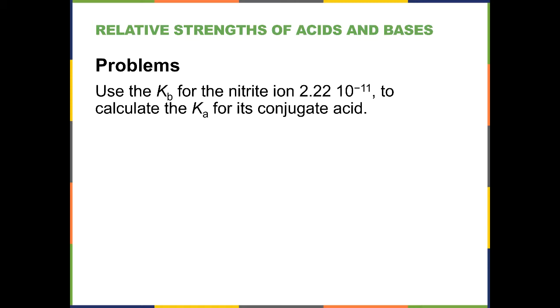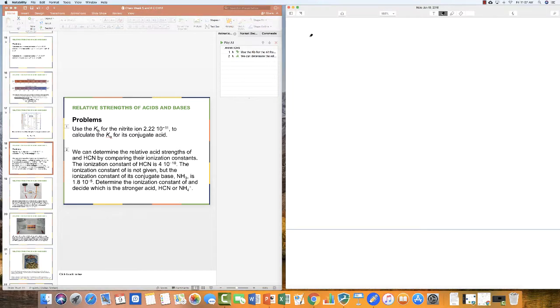Use the Kb for the nitrite ion, 2.22 times 10 to the minus 11, to calculate the Ka for its conjugate acid. We just said that Ka times Kb is equal to Kw. We know that Kb is 2.22 times 10 to the minus 11, and we know that Kw is 1 times 10 to the minus 14.